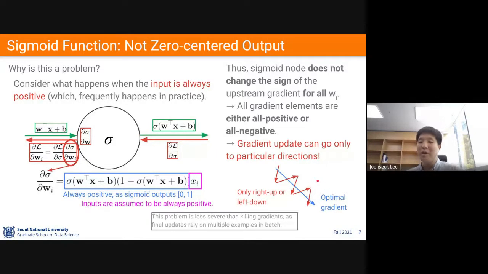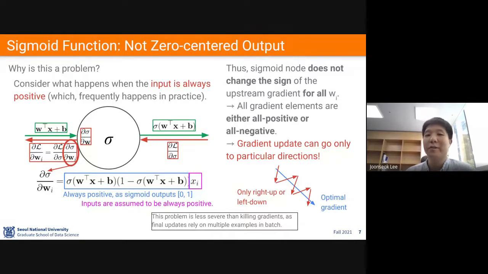But in practice, this problem is less severe because we usually use the mini batch. So we take multiple examples of the gradients and we take the average of that to update. So this actually does not really happen when you use a mini batch of size 64 or something larger than that.